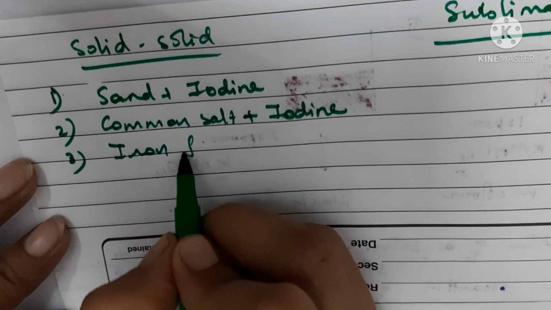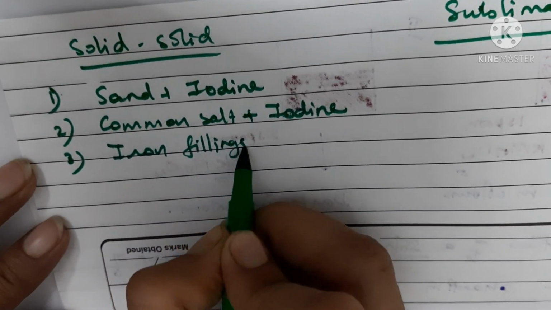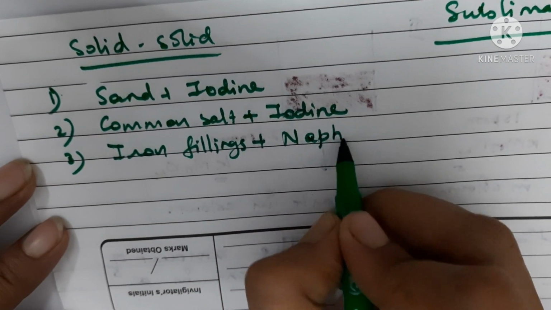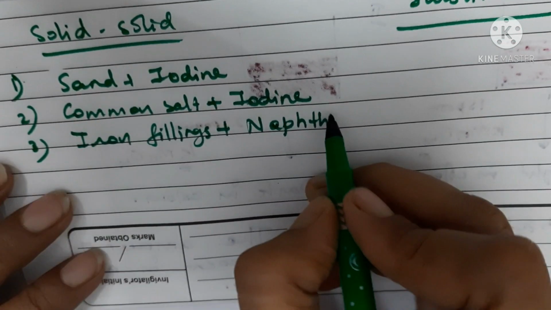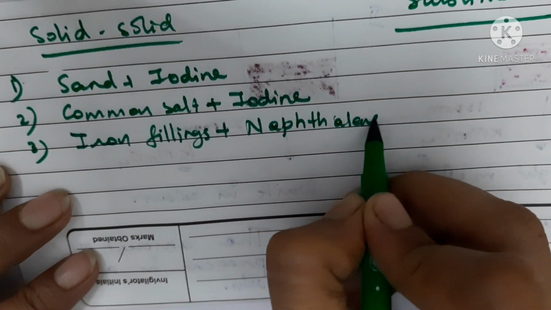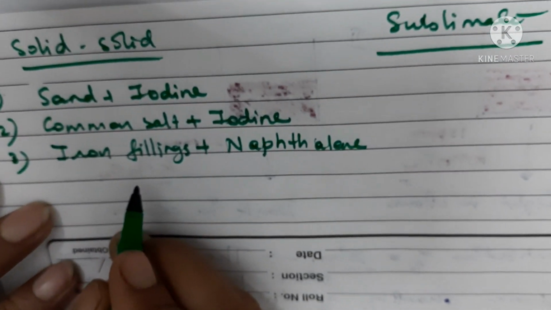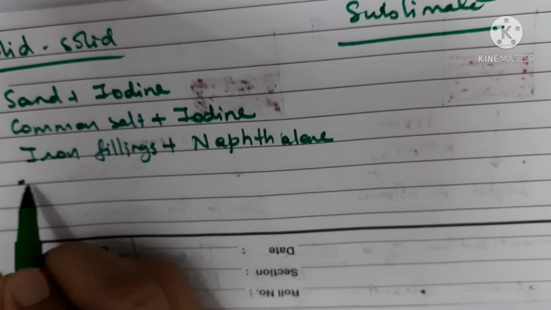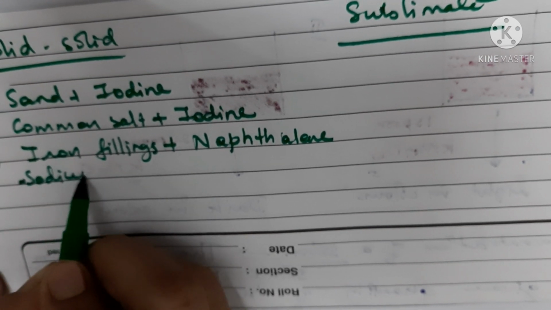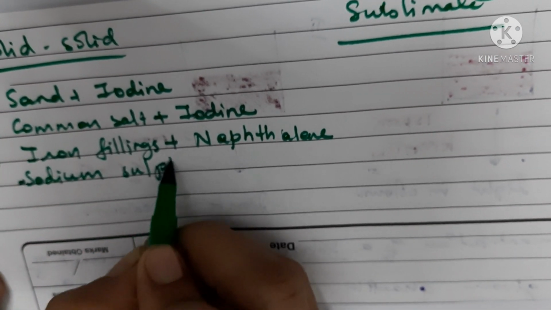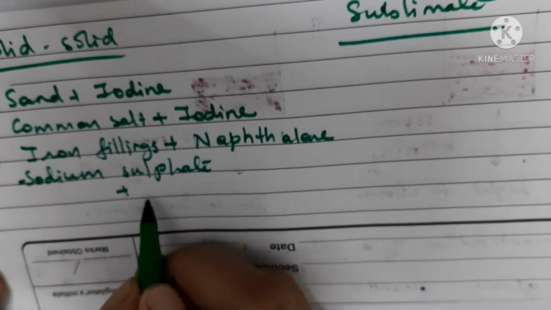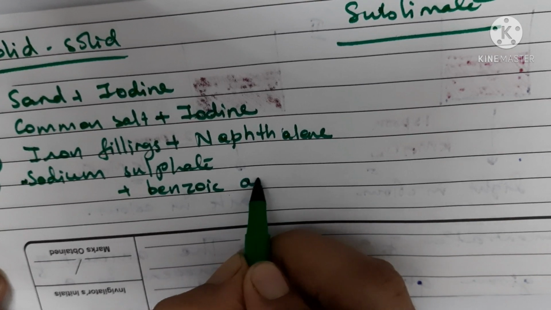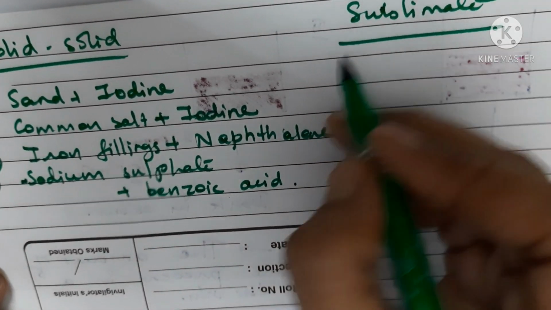Iron filings plus naphthalene also can be separated through the sublimation process. And one more could be sodium sulfate plus benzoic acid. Which part can sublime here?